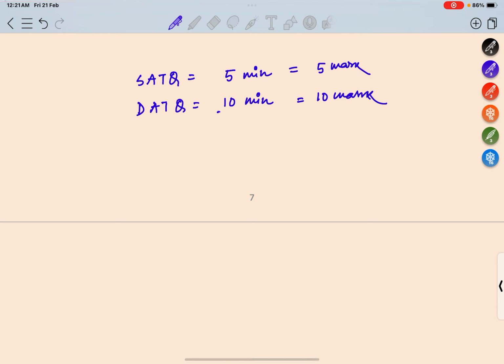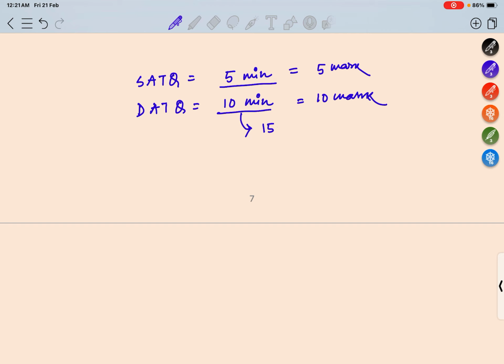Now 10 minute, 5 minute. So in the 10 minute type, 10 marks question, you should write 150 to 170 words maximum. You cannot exceed this limit. If you exceed this limit, then you will compromise your other questions also.